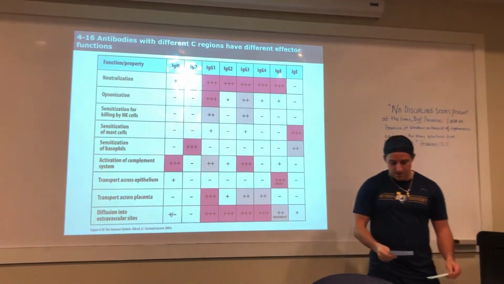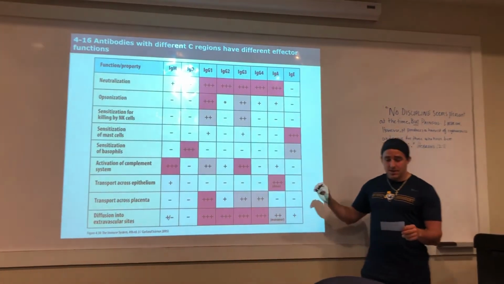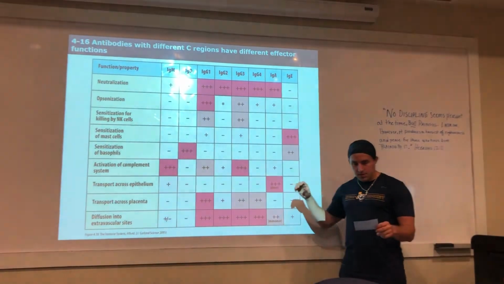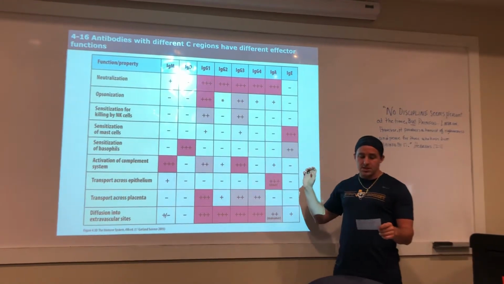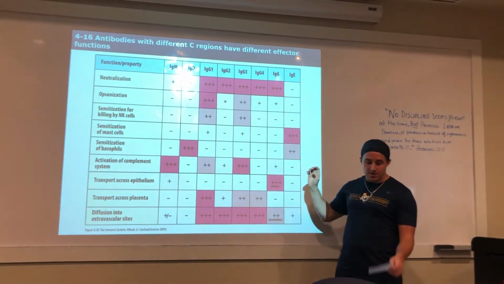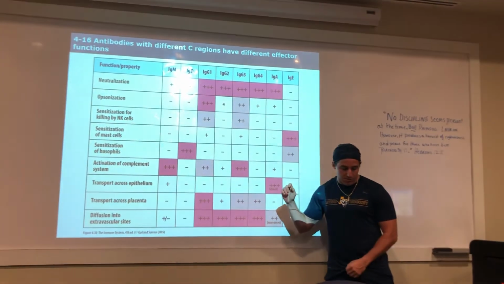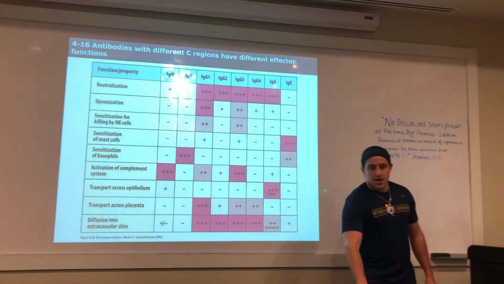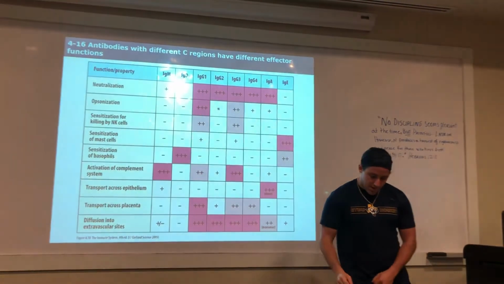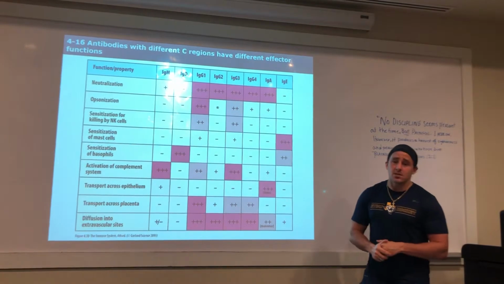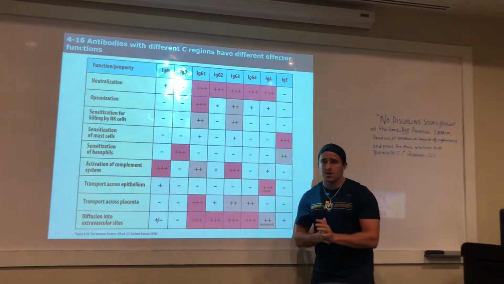Then IgE is the class of Igs having the epsilon heavy chains, and IgE is involved in reactions against internal parasites, particularly helminth worms, and in allergic reactions. In combination with that, it has sensitization of mast cells, and we get into that a little later in chapters 8 and 9.